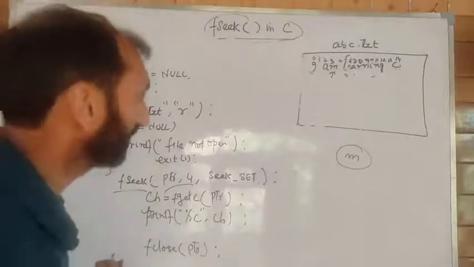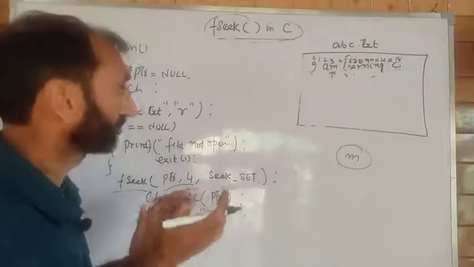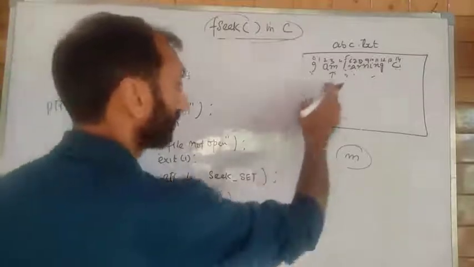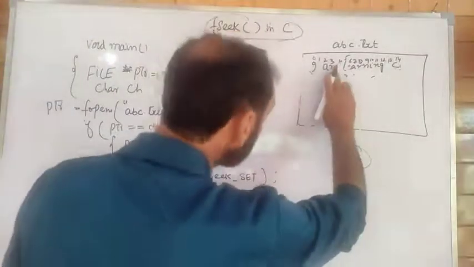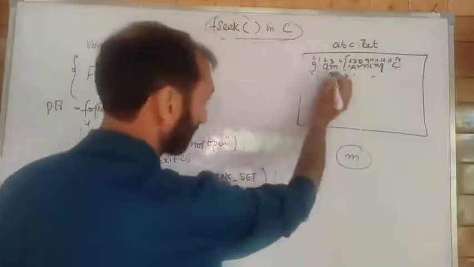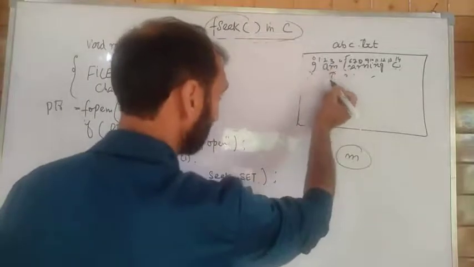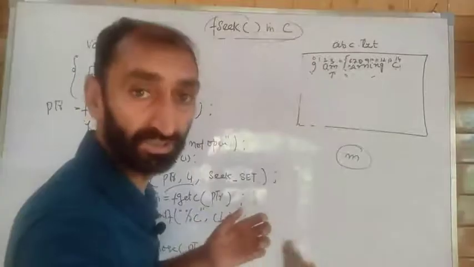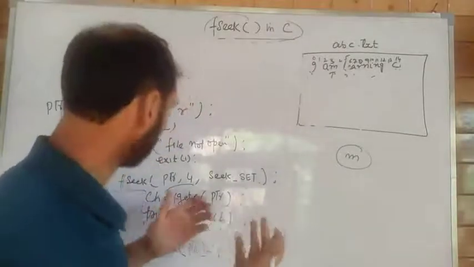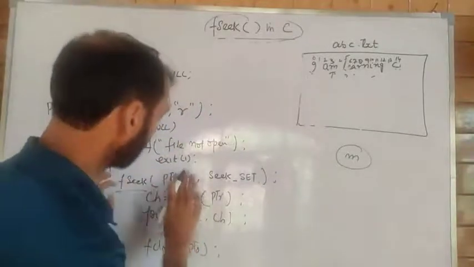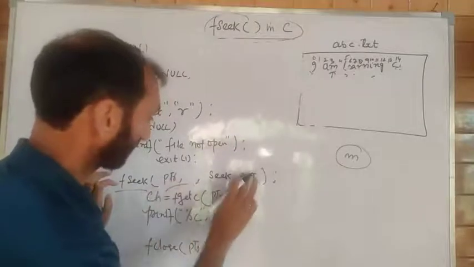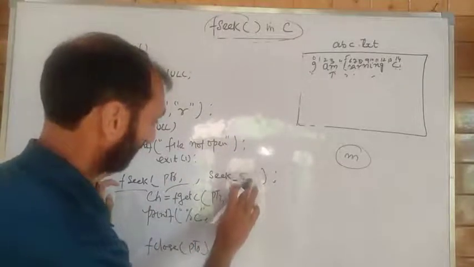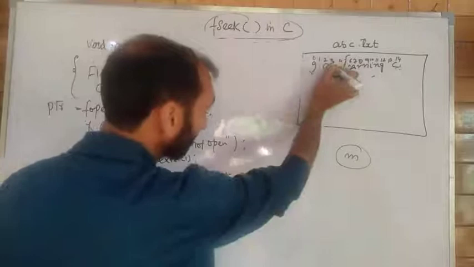Second, for example, if we want to move the cursor from this position, here the cursor is at position 3, and we want to move it 4 places forward from here. What we can write here is SEEK_CUR, because currently the cursor is here.